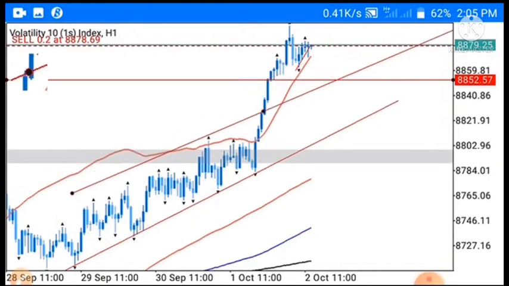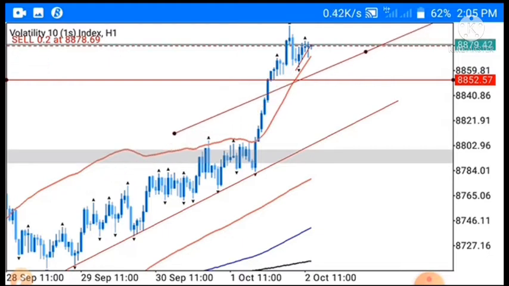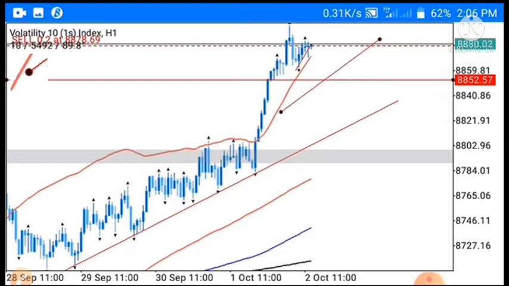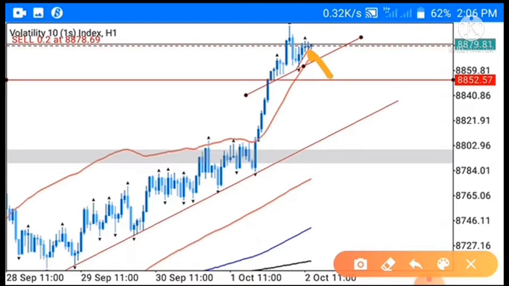So it was like this. Yeah, so I'm waiting for this market to break here, retest, then I can sell to this place or hopefully to this zone here. I can take my first profit there and the second profit here.